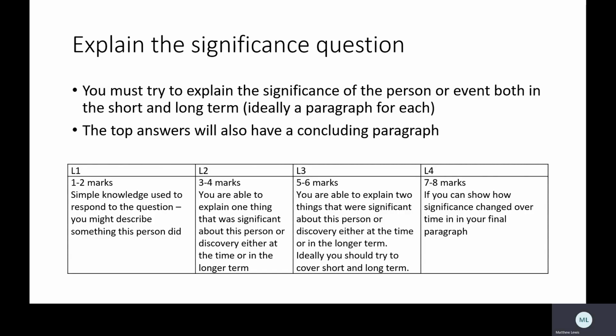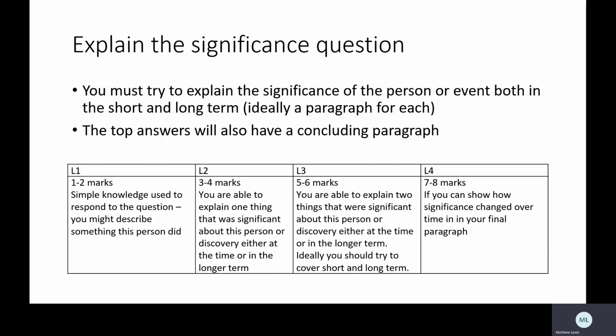What you're really trying to think about is why this person was significant in the short term, when they were alive or at the time of the event, and why they or the event were significant in the longer term, short and long or medium term. Ideally a paragraph for each, and then possibly even a conclusion as well.